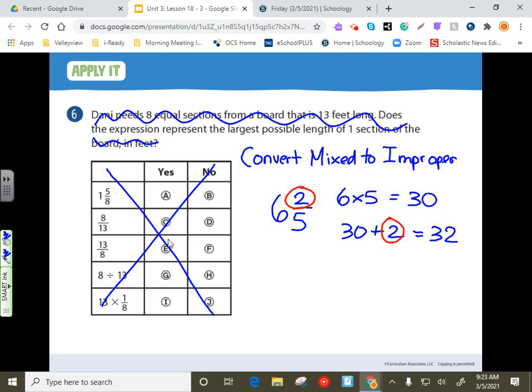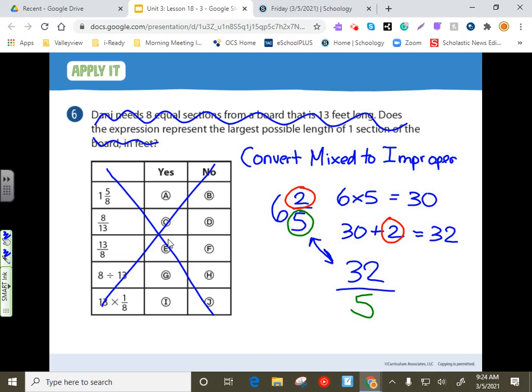And whatever number you get from doing those 2 steps, you put it over the same denominator. So I've got 32. And what's my denominator? Well, it is the same exact number that you started with. It's going to be a 5. So this 6 2/5 is the same as, I'll put the double arrow here, as 32/5.